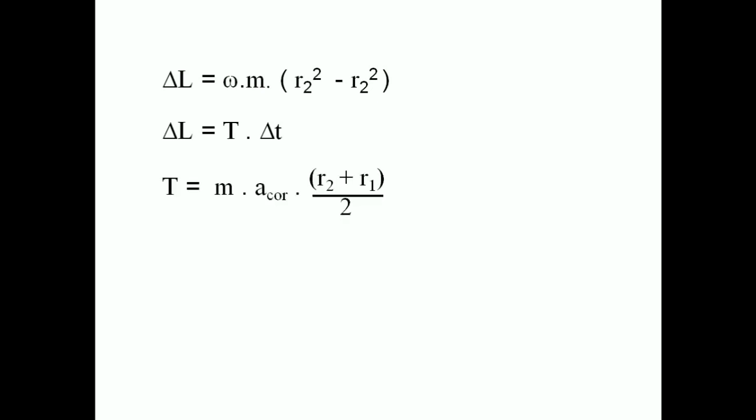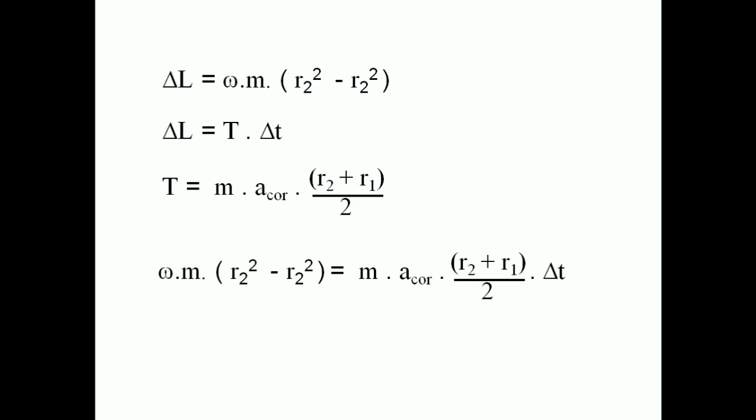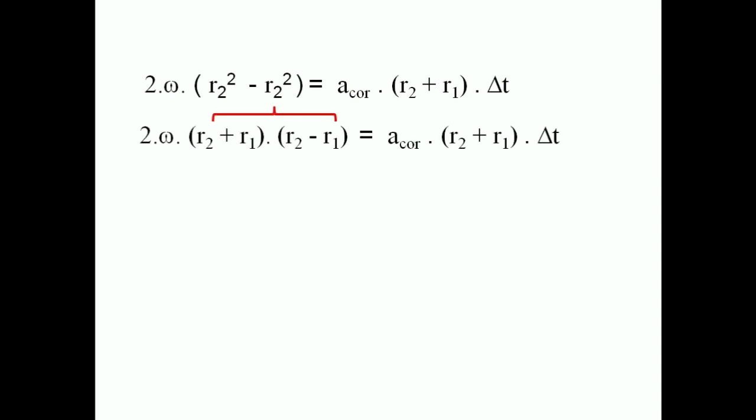Setting these equations equal to each other, we can solve for the acceleration. The mass on both sides of the equation cancels out. r2 squared minus r1 squared can be factorised as follows.